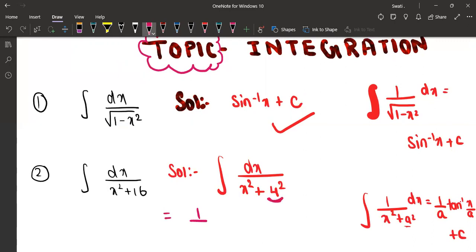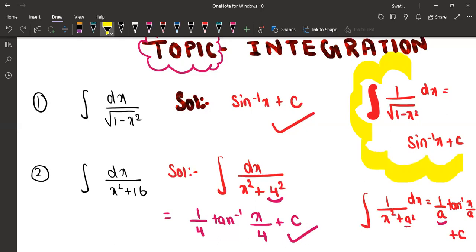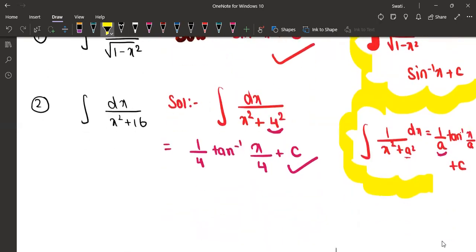So using this formula, it becomes 1 upon 4 tan inverse x upon 4 plus c. So the answer is 1 upon 4 tan inverse x upon 4 plus c. These are the formulas that I'm using, so I'm just keeping them in a yellow bubble. Okay, let's move to the next question.